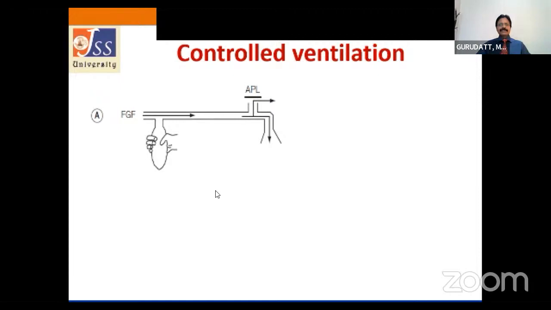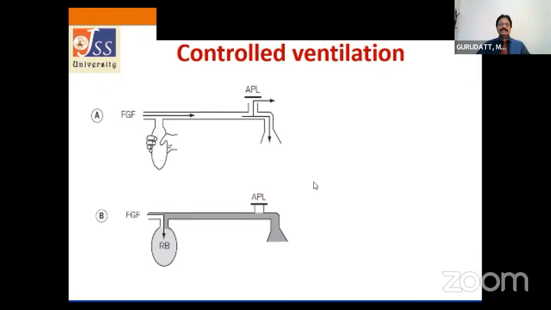So during expiration, what happens? Because we'll be giving sufficient time, even the dead space gas and the alveolar gas will start moving and even they may fill the bag, because the APL valve is partially closed and unless a high pressure is created, it will not open.